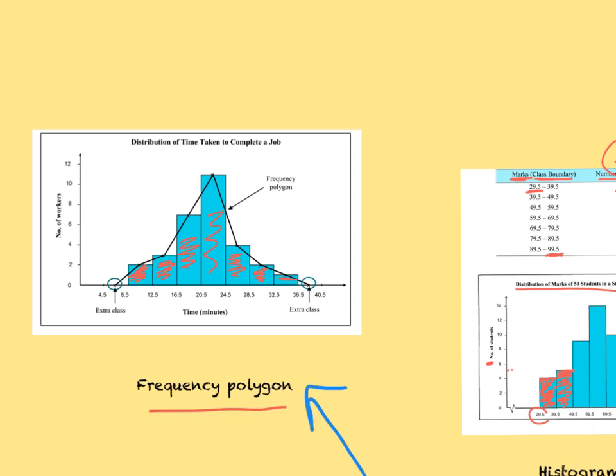How do you draw your frequency polygon? You only need to put the midpoint at each bar and then connect the dots. But remember you need to put an extra class at the beginning of the graph and at the end of the graph. So this is your frequency polygon.